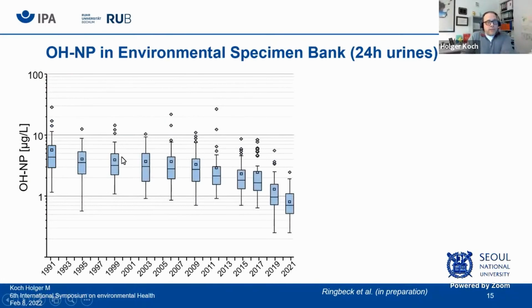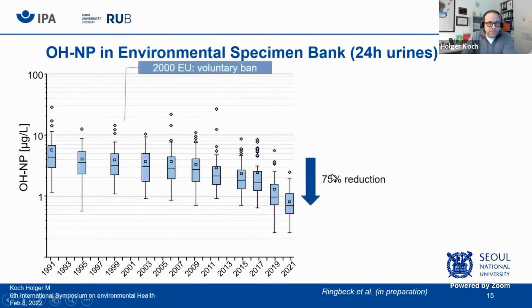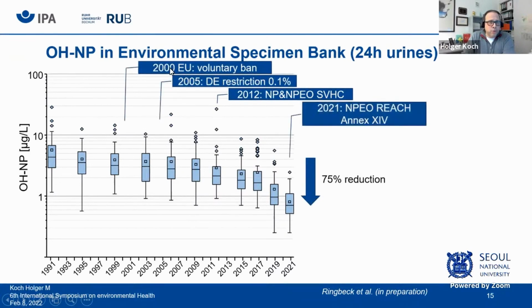We see rather stable levels in the old millennium, but a decline starting at the turn of the millennium and going down quite rapidly in the last couple of years. A 75% reduction goes very well along with the regulatory measures that have been enacted to limit exposure to nonylphenol.